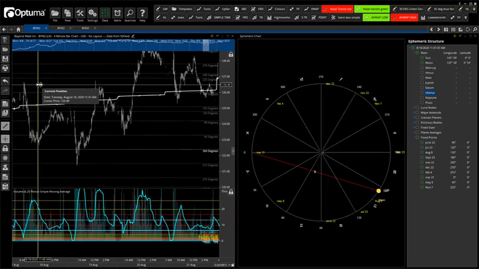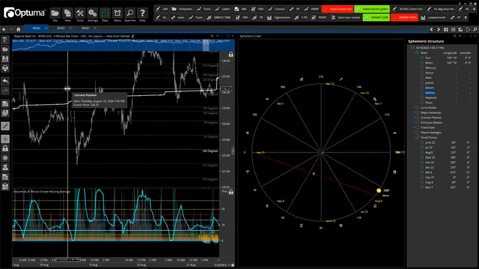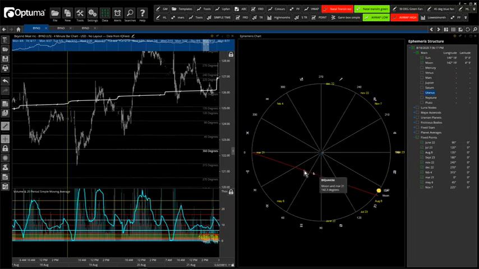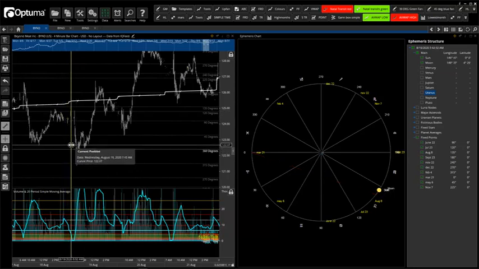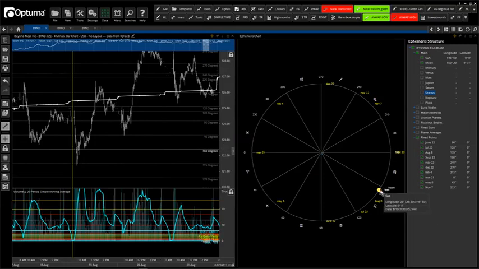So this is the point we chose. Let's look for the next point when the moon makes an angular relationship. So at this exact moment, the moon becomes biquintile to 0 degrees. What happens? The price drops to 0 degrees. Continue on. Moon conjunct to the sun at that moment.